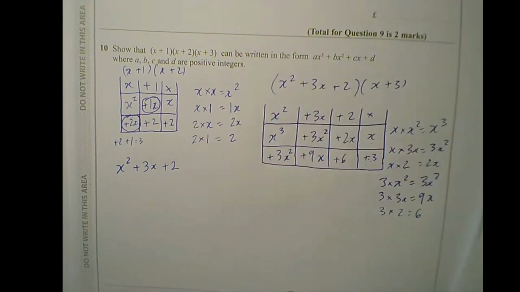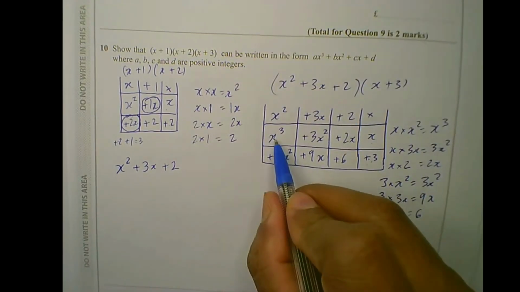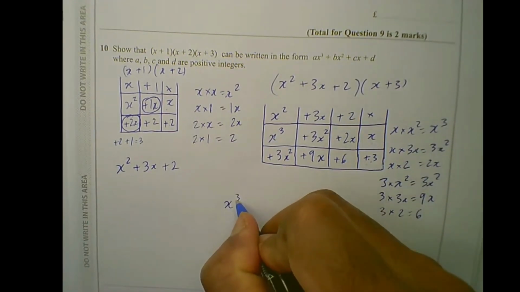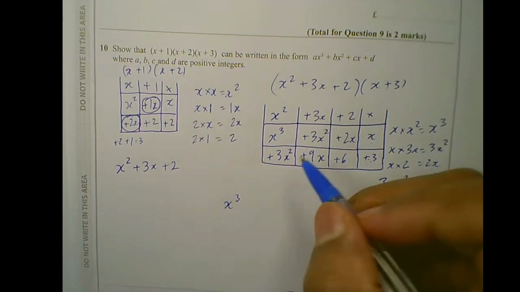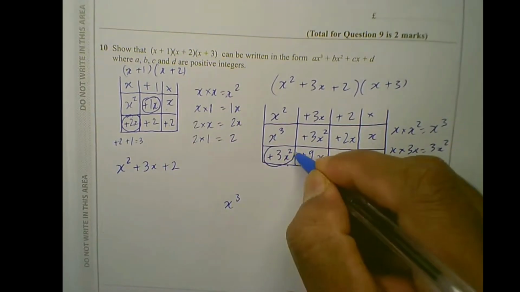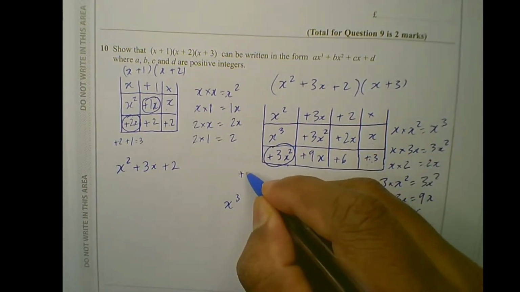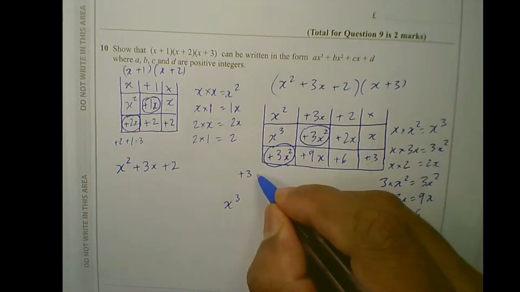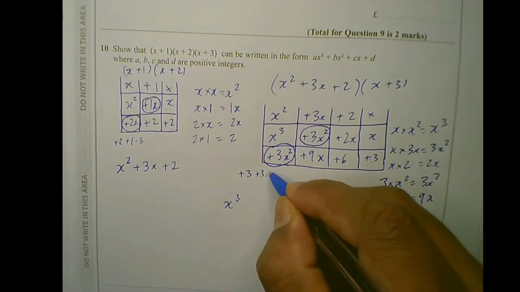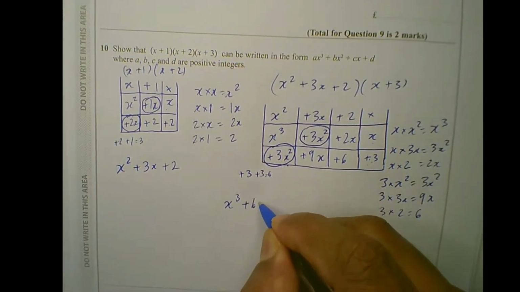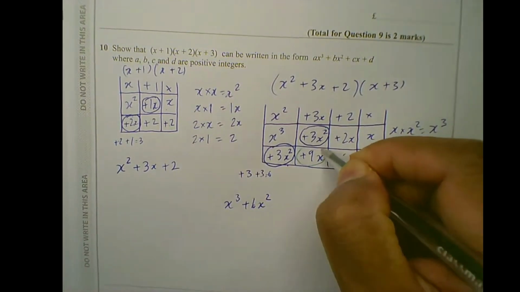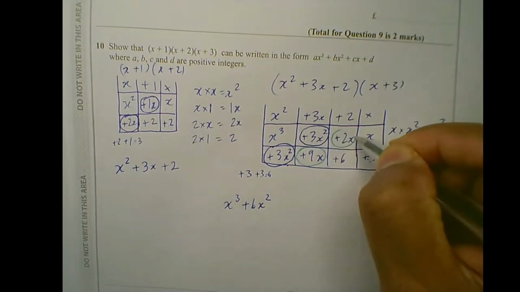I need to simplify. So I've got x cubed here. So that is x cubed. I look at my x squared term here. So this is 3x squared. So plus 3 and another 3x squared. So 3 plus 3 gives me 6. So that's 6x squared. Then I look at my next term, which is this plus 9x and this plus 2x.